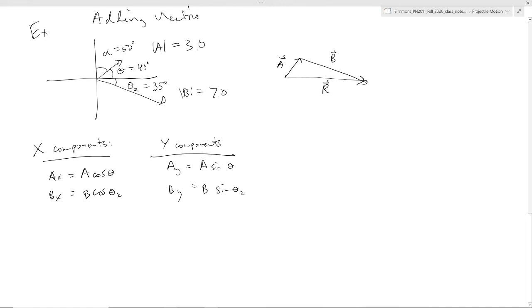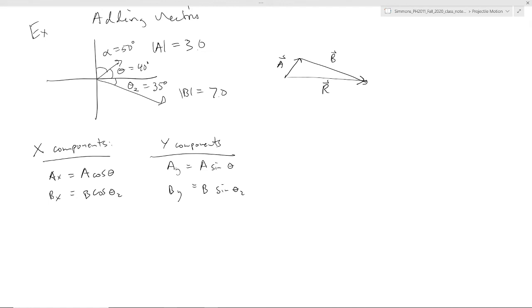Now, this brings up something that I want to draw your attention to. Is this exactly right? Well, we have to be careful about the signs when we're talking about an angle that's below the x-axis. So you can tell just from your picture that the y component of this is going to be negative. So there's two ways you can deal with this.